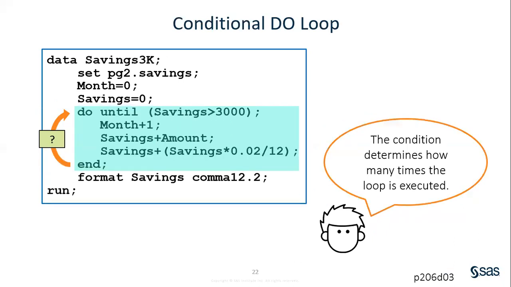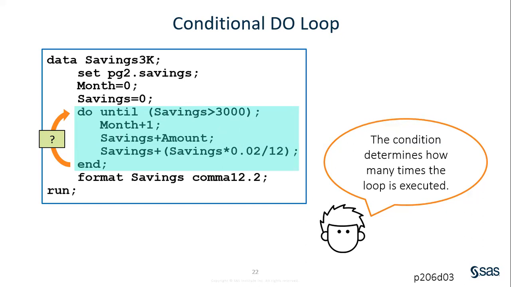But for example, if I give the condition: how many years will it take for a specific amount to reach a specific target amount? Are you getting it?